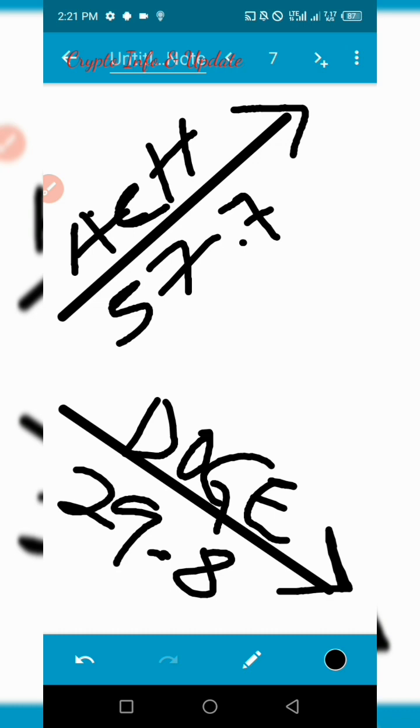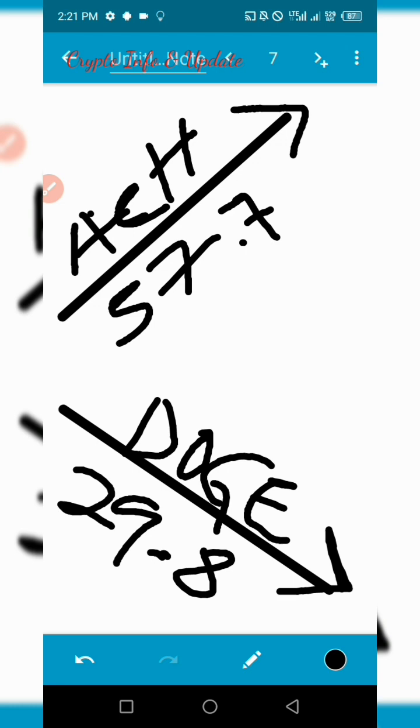Then, to further validate our point, we looked at their respective RSI. The RSI for ACH was 57.7 as at that point. The RSI for Doge was 29.8 at that same point too. So we ran our calculation based on point number 6 that I gave earlier on, which is that the pair range value must not exceed 0.76.